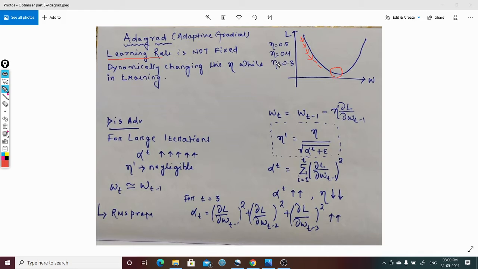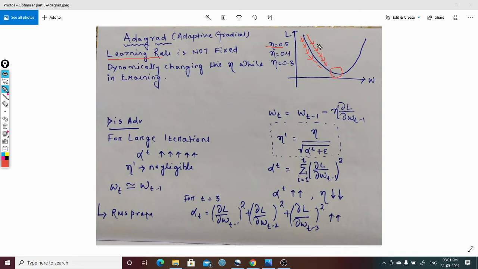But here what we are trying to do is take one initial learning rate, suppose 0.5. For the initial stage we are taking a larger learning rate. Slowly, when the training goes on, we slow down the step size. We are decreasing the step size or learning rate as it approaches the global minima.